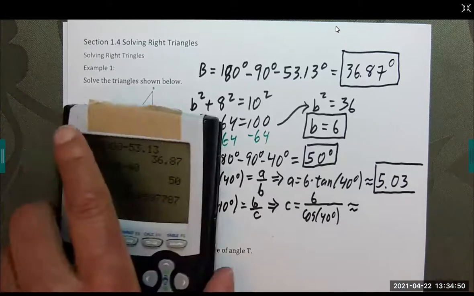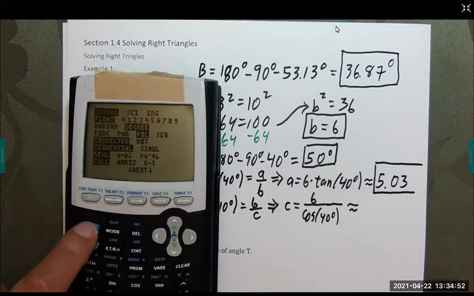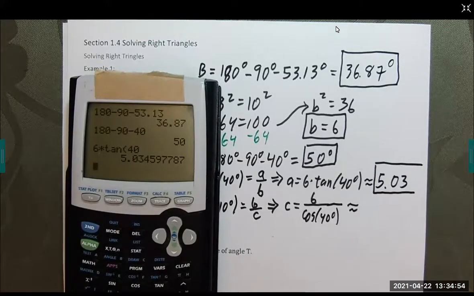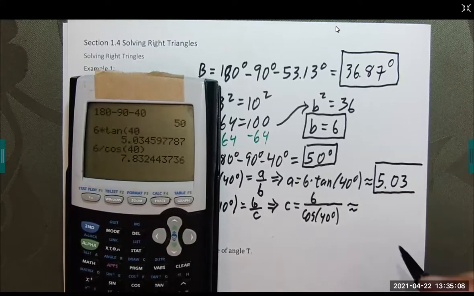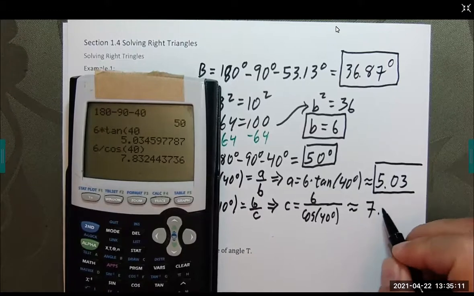And once again, I'm going to make sure I'm in degree mode. I can't emphasize that strongly enough, how many students mix up what mode they're in and get all the answers wrong because of it. I would hate for that to happen to you on a test or something. 6 divided by cosine of 40 degrees, and I'm getting 7.83.